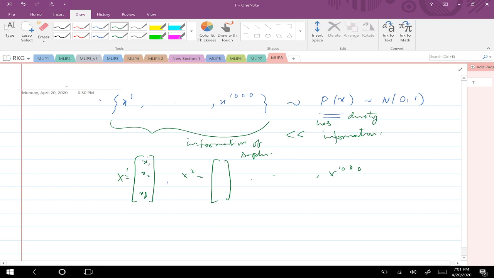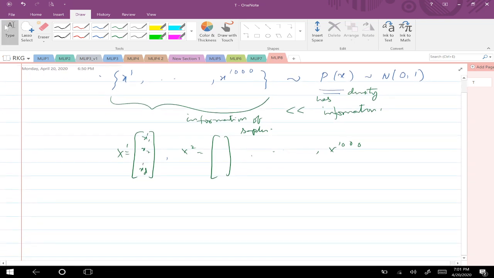So d features. In this case, the probability density function I write is p of x, and this is the joint density of all d dimensions. Please note the difference between the sample index and the dimension index.